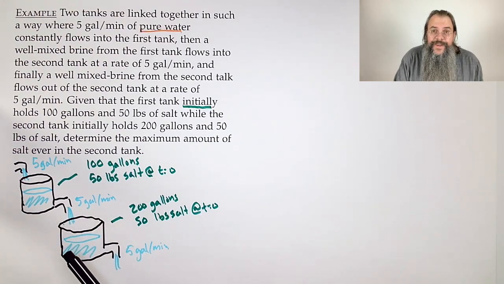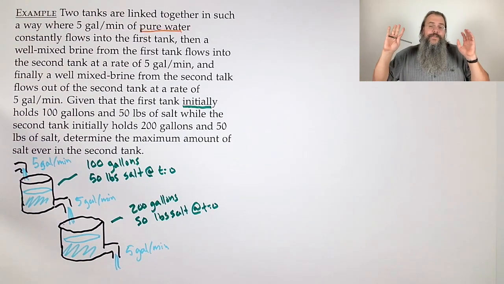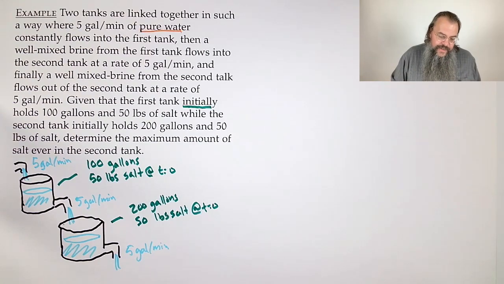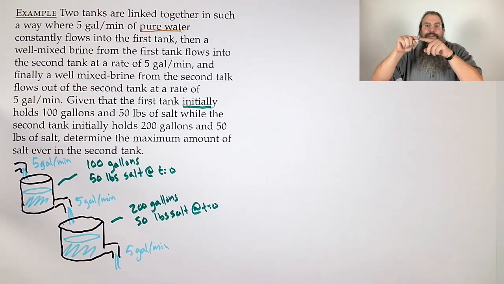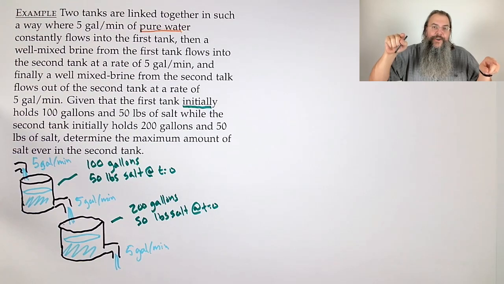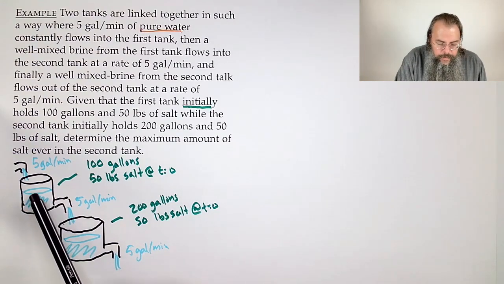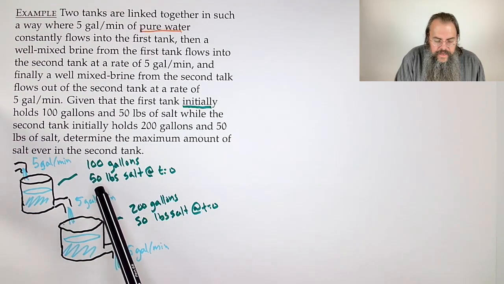So what's going to happen to this? Well, this is going to become pure water, so in the long run, all the salt will go out as well. In the long run, we know the salt is going to go to 0, and we know it's not 0 yet. So if it starts at something not 0, and in the long run goes to 0, then we can expect there's going to be a maximum. But also, initially, the water coming in has a denser concentration, right?